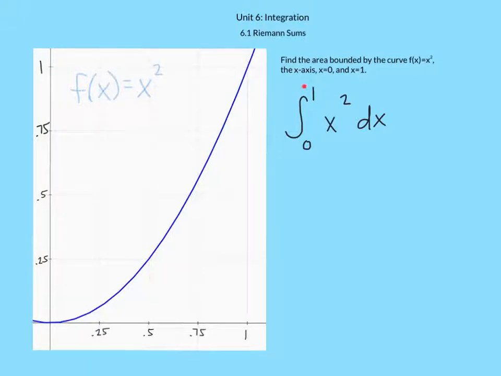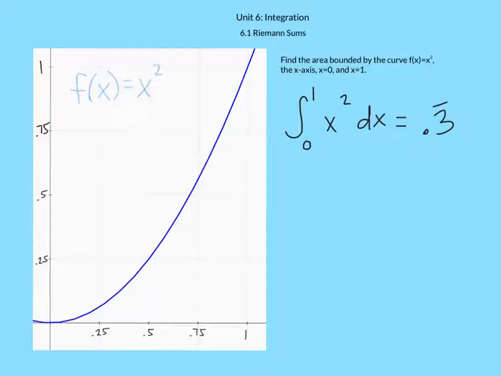Your upper limit is 1. 1, hit enter. And it fills in the area under the curve. You should get a third. And it'll tell you that it's exactly 1/3.